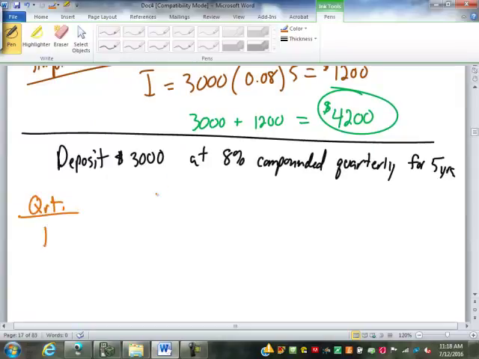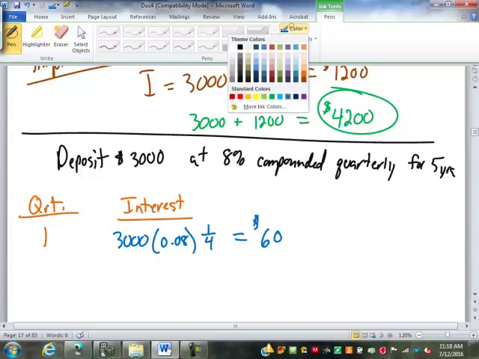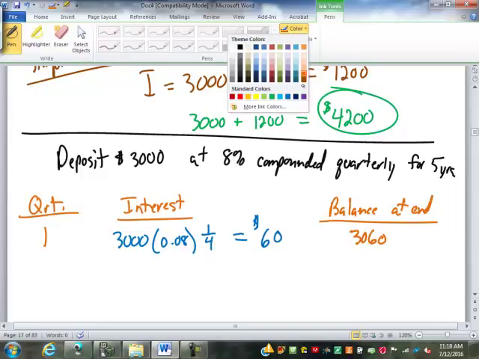In quarter 1, your balance was $3,000 times 0.08 times 1/4 of a year, a quarter of a year. So that comes out to $60 in interest, which means your balance at the end of the quarter is $3,060.